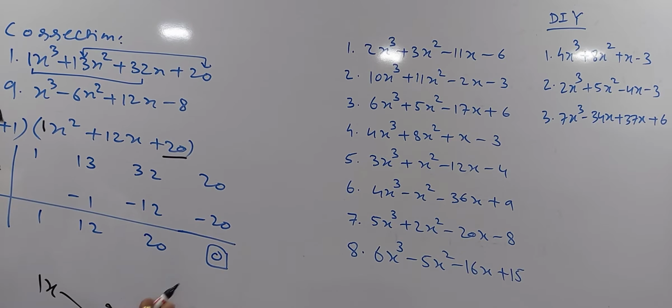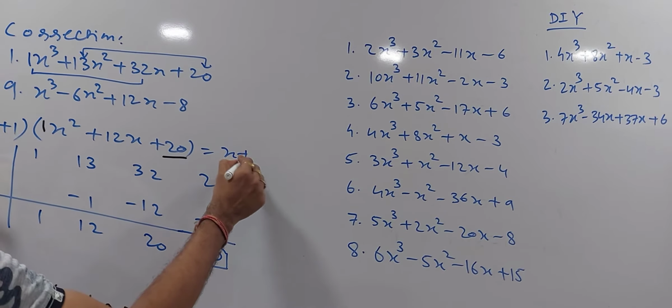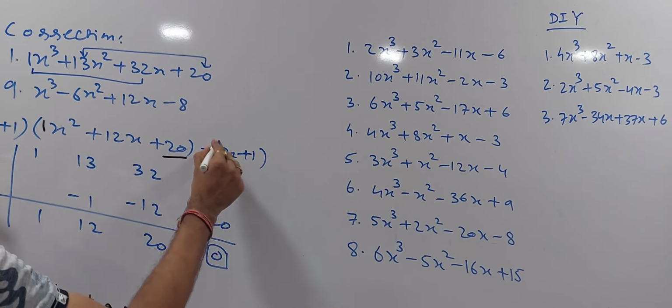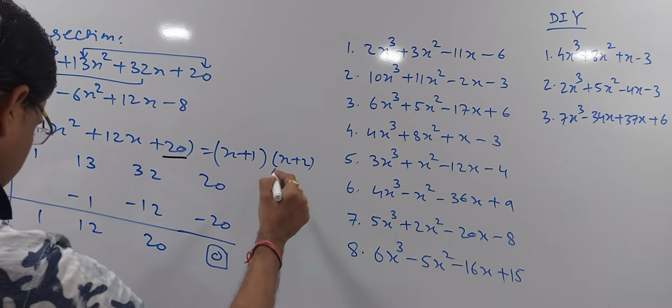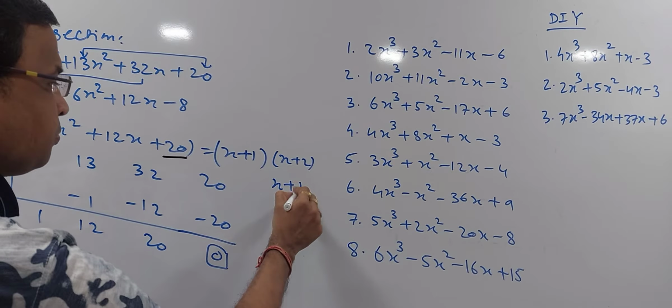Let me take the factors of 20 as 2 and 10. So 2 into x is 2x and 1 into 10x is 10x. See, the sum of the two comes to plus 12x, and I want plus 12x only. So it is plus and plus. So finally my answer for this question, other than x plus 1, the other two factors will be x plus 2 and x plus 10.